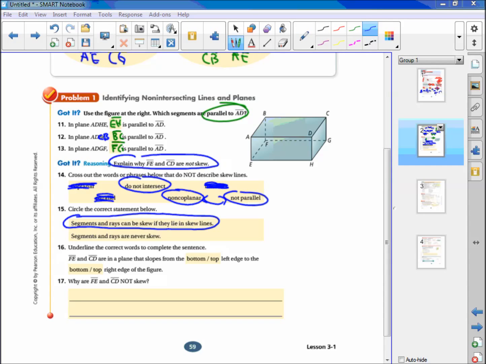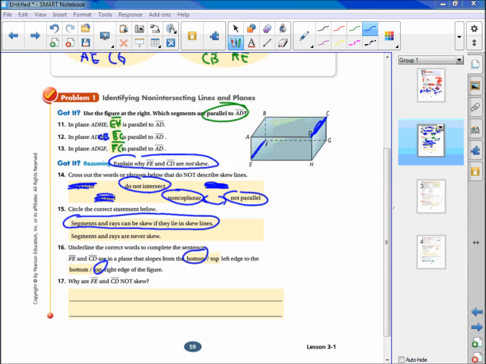Okay, number 16, underline the correct words to complete the sentence. So FE and CD. So line segments FE and CD are in the plane that slopes from the bottom left edge, that's this guy, to the top right edge, that's CD, that's that one.